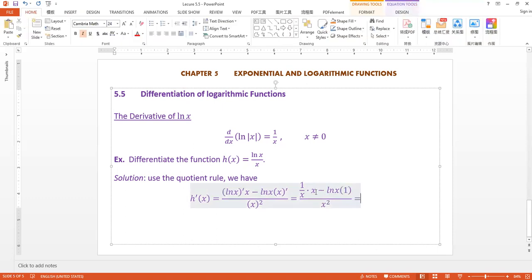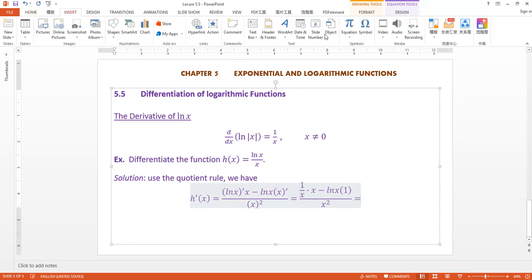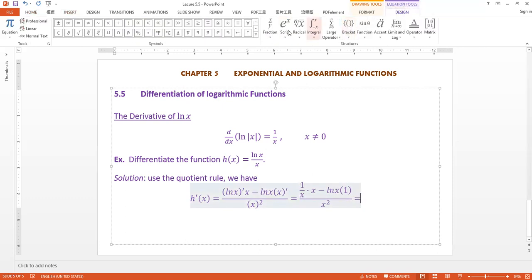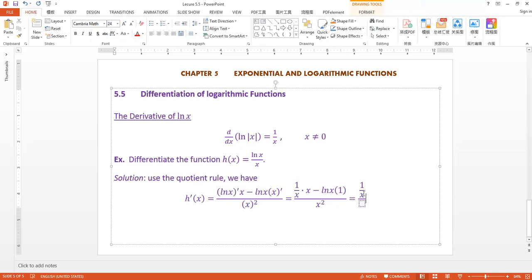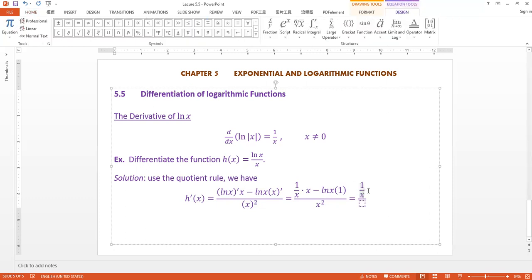And then 1 over x times x is just x over x. That's just 1, isn't it? If I write down everything step by step, you can think of 1 over x times x as 1 over x times x over 1.